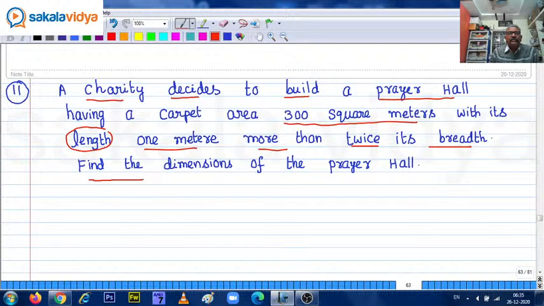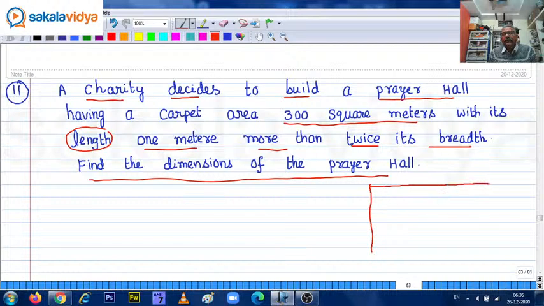Then we need to find the dimensions of the prayer hall. So this problem is related to the rectangle. It will be in the shape of a rectangle, the prayer hall.